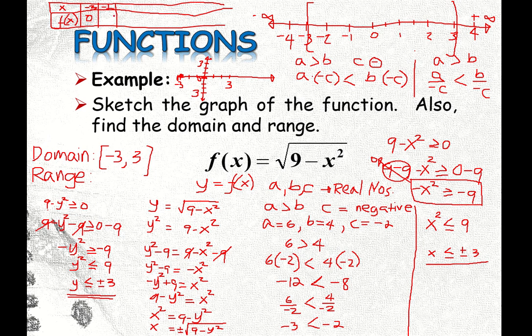So 9 minus 2 squared is 4, so 9 minus 4 is 5. That's square root, so this is square root of 5. What is square root of 5? We can approximate square root of 5, that is 2 point something.